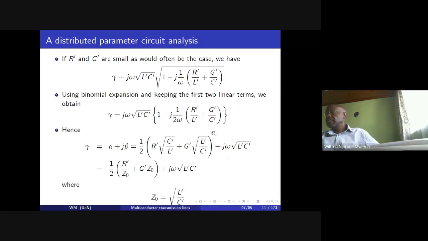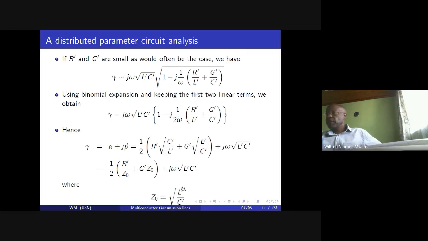That is the inductance and capacitance per unit length for a lossless line, and therefore you are going to define a characteristic impedance Z0 like we did before as the square root of L'/C', but then we shall see that for a lossy line, the characteristic impedance is going to be different from this value here.